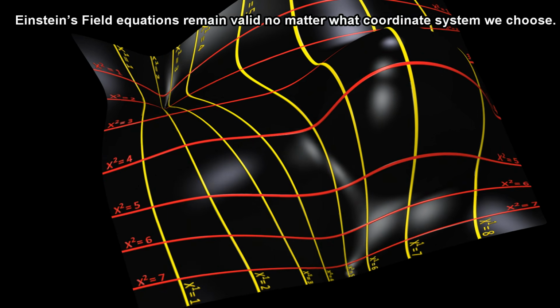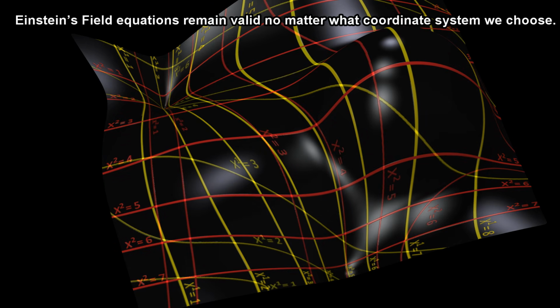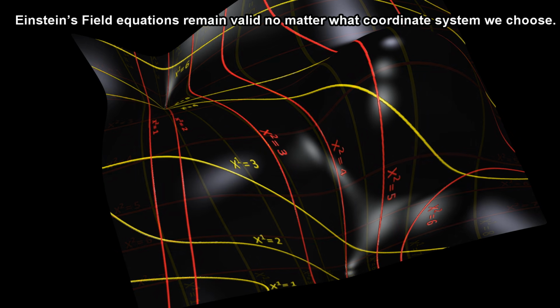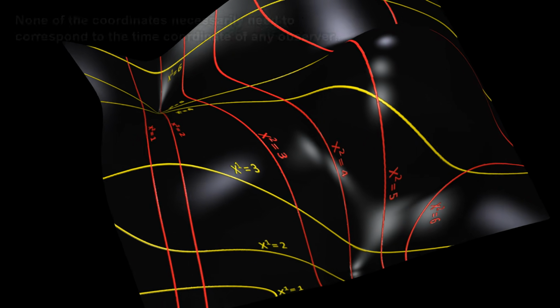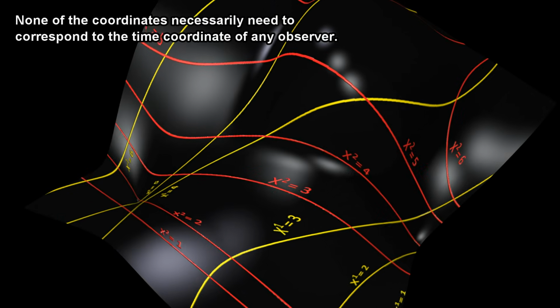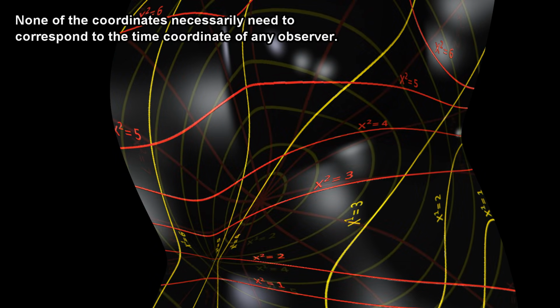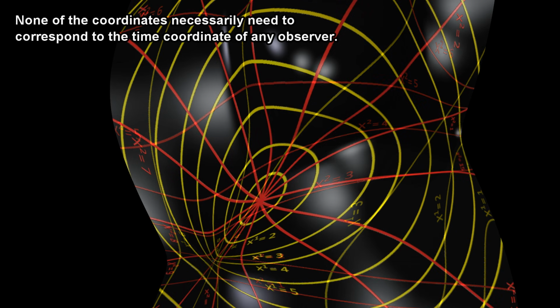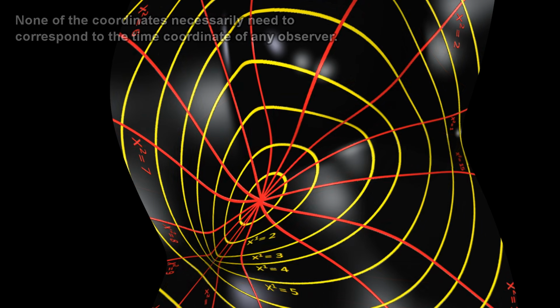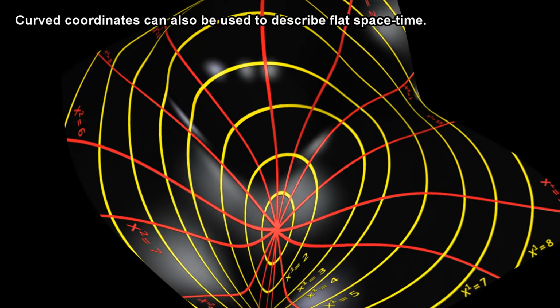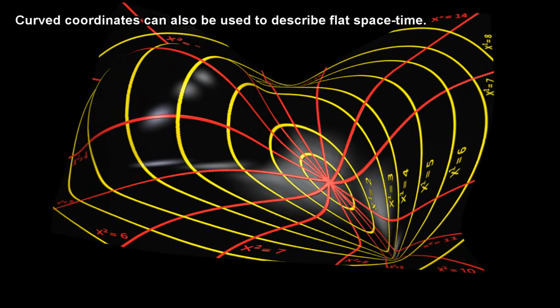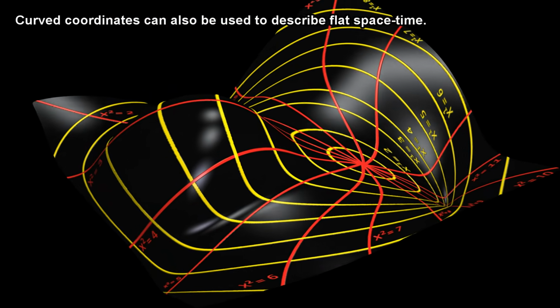Einstein's field equations remain valid no matter what coordinate system we choose. None of the coordinates necessarily need to correspond to the time coordinate of any observer. Curved coordinates can also be used to describe flat space-time.